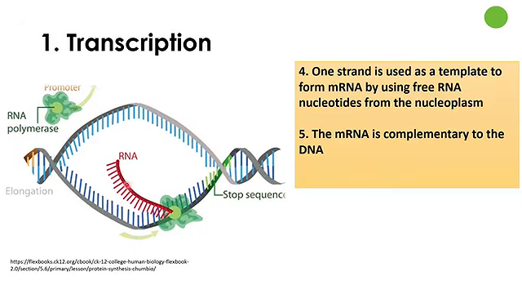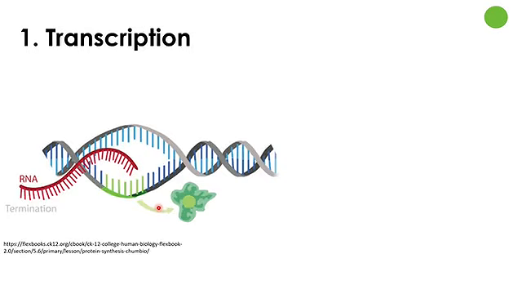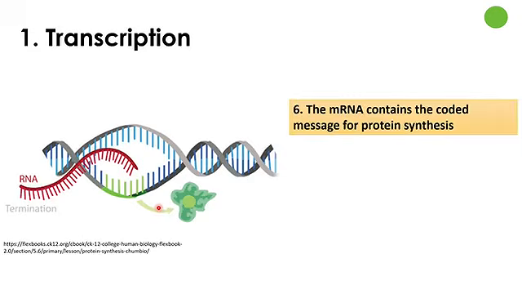Cytosine will still bind to guanine, guanine will still bind to cytosine. But on the RNA strand, the only difference is that we no longer have thymine, and uracil will be the replacement nucleotide. Okay, so eventually we will have a fully formed mRNA strand, and that will now contain that coded message of U's, A's, C's, and G's that can be used to synthesize the protein molecule.